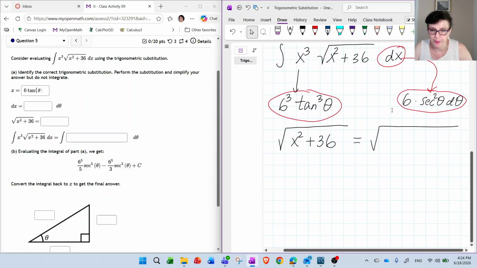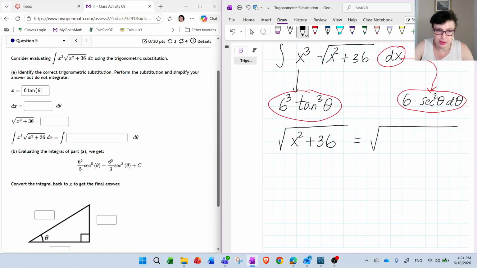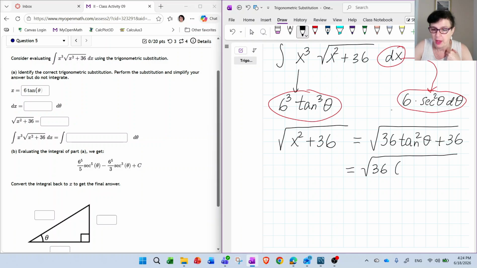Let me show you why. So x squared, well, 6 tangent theta, you are squaring that, you're going to get 36 tangent squared. So remember to square the number and also square the tangent. Plus 36. And notice something, both of these share a 36, which means that you can factor it out. And then you're going to wind up with tangent squared plus 1.